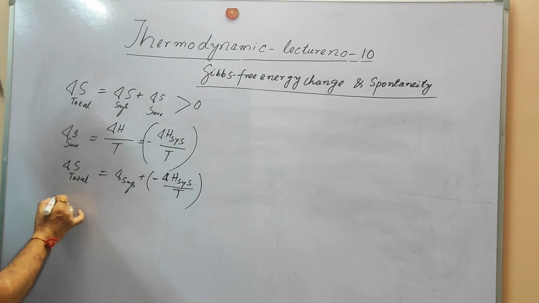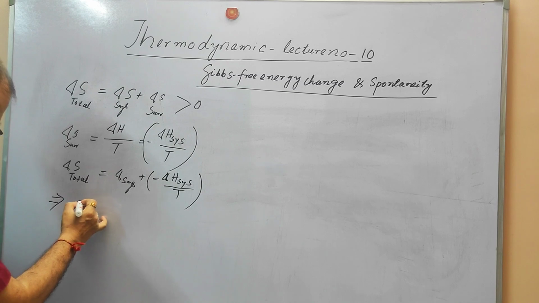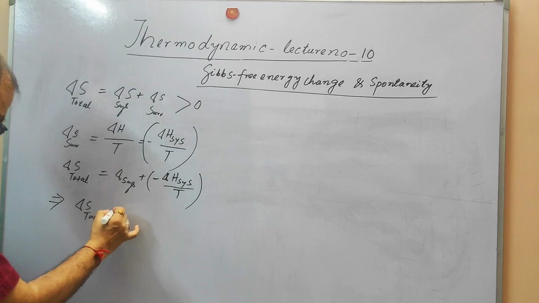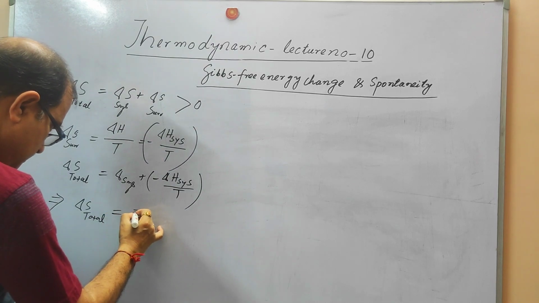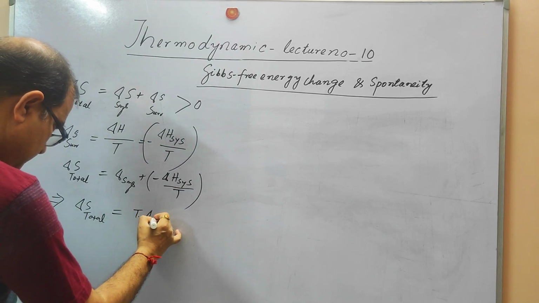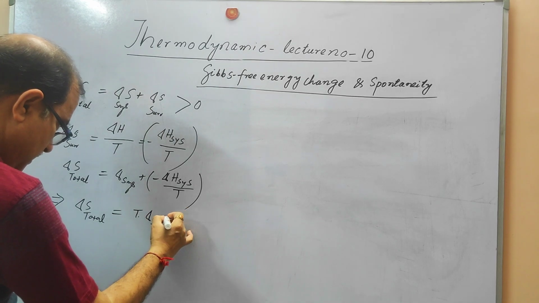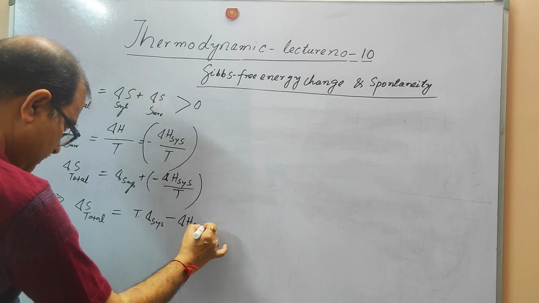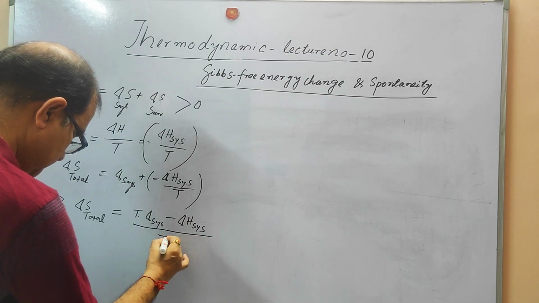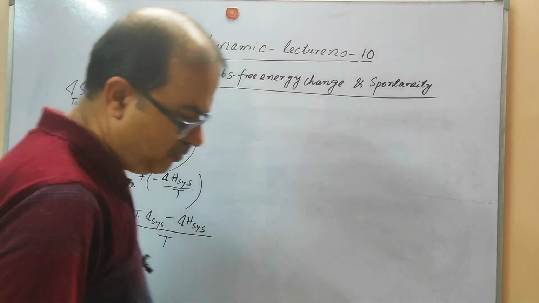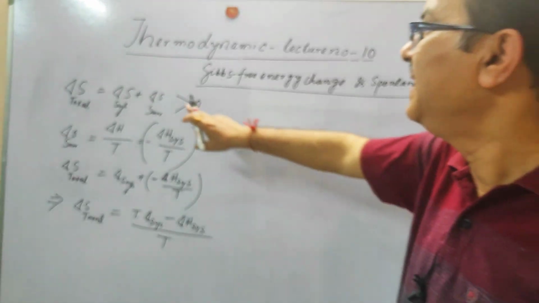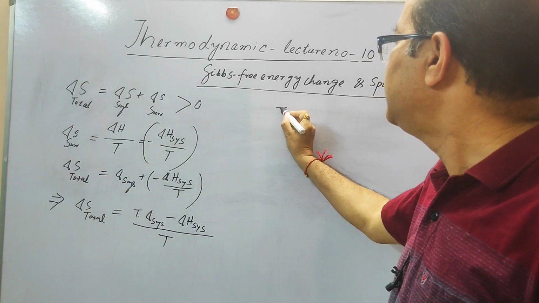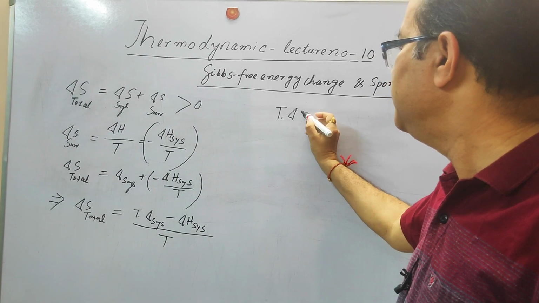So we can write the equation like this: delta S total is equal to T into delta S system minus the delta H that is lost by the system, divided by T. Now we know that this will be greater than 0, and only then the system will be spontaneous.